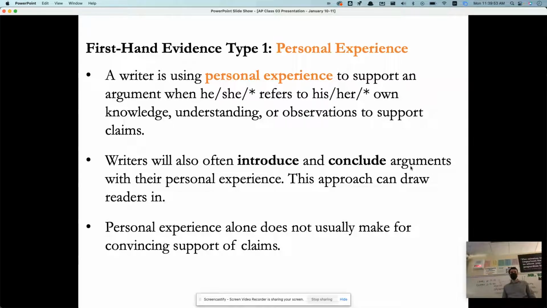Personal experience alone usually does not make for convincing support of claims. In fact, you could even wander into weak argument territory that is a fallacy: to argue, this happened to me, therefore it's reality. That is a fallacy. I think that's a hasty generalization, if I'm not mistaken.